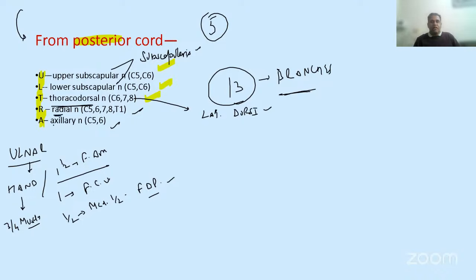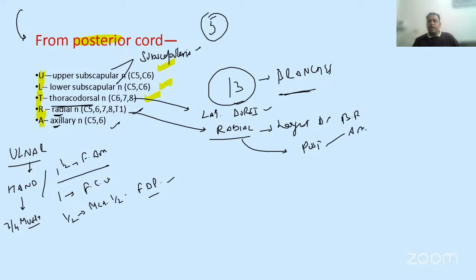Then we have the radial and axillary nerves. The radial nerve is the largest branch of the entire brachial plexus. What is the radial nerve? The radial nerve supplies the posterior part of the entire arm and forearm.